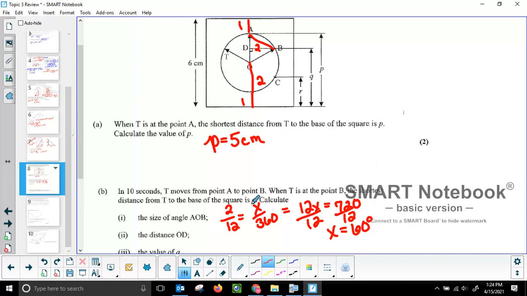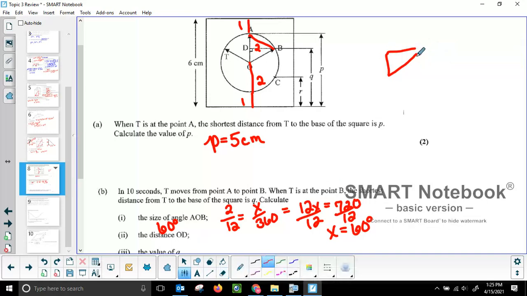So now the distance of OD. We're looking for OD, which is right here. I think this is really easy. I think it just ends up being 1.